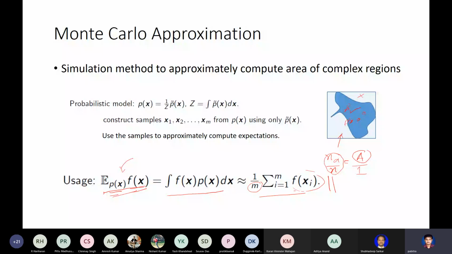If you replace f(x) by x squared, you get the second moment, from which you get the variance, and this way you get all the moments of the distribution. In fact, you know everything about the distribution if you can compute this expectation. So this theorem forms the foundation of Monte Carlo approximations.